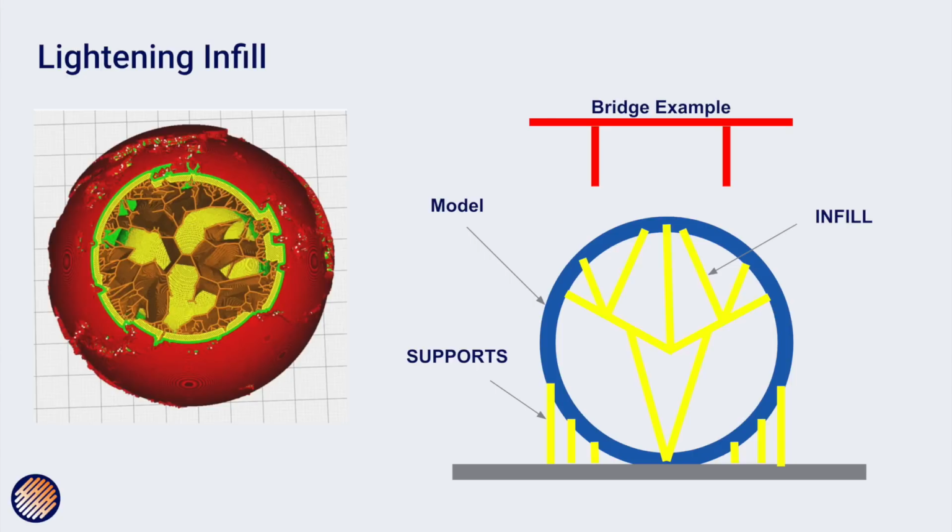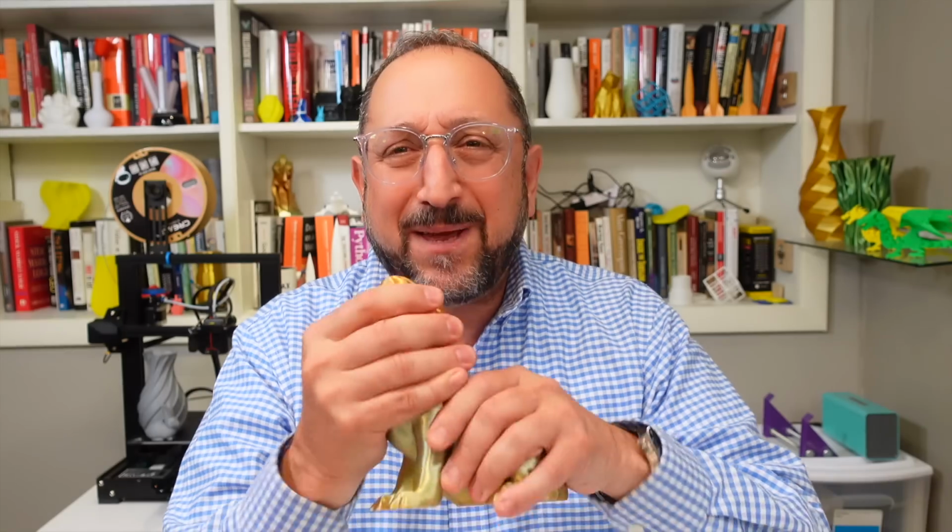So if you look at the diagram on the bottom right, you'll see that when the gap is on the outside of a model, you tell the slicer to add supports. But many of us don't think about the fact that infill is a type of support. And very often you add infill just for support, not because you want to make it stronger.